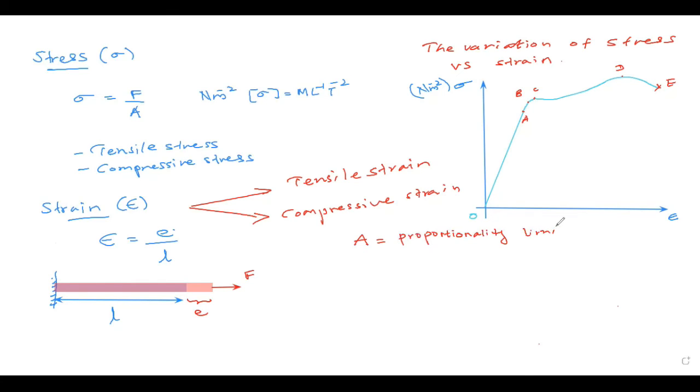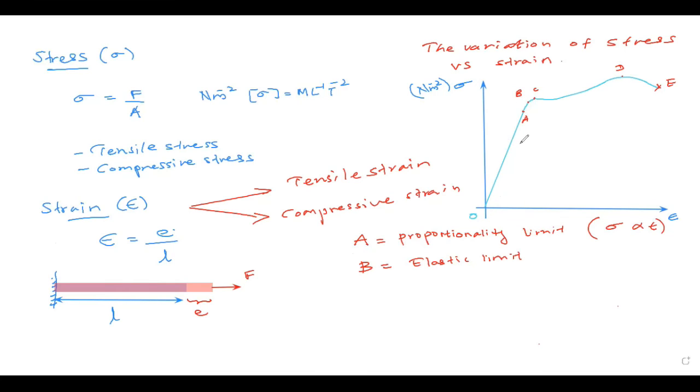B is the elastic limit. Now I'll explain these two terms. Up to point A, the stress and strain vary linearly; stress is proportional to strain up to point A. And then the elastic limit.